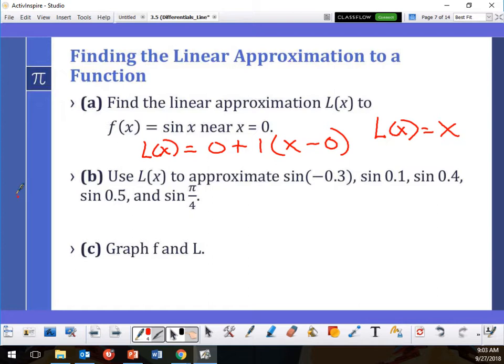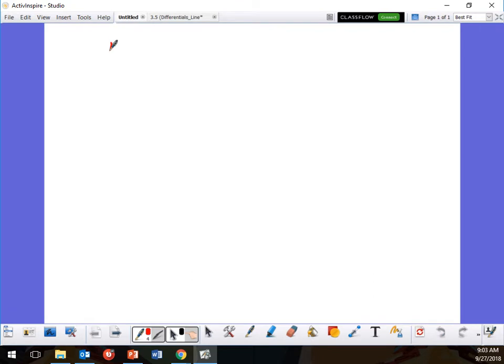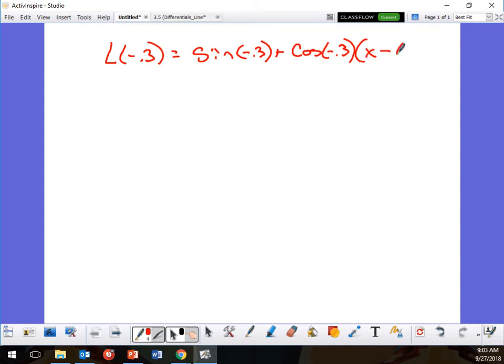Okay, so now for this one, the first one is going to be L of negative 0.3 equals sine of negative 0.3 plus cosine of negative 0.3 times x minus negative 0.3.